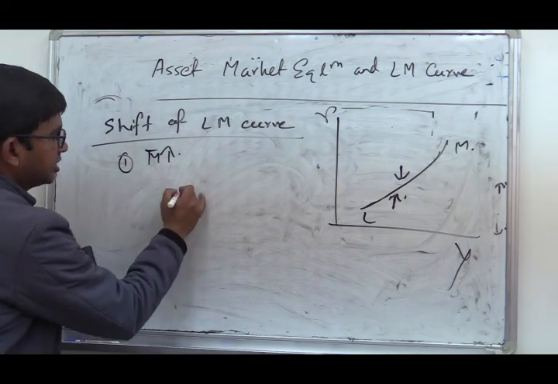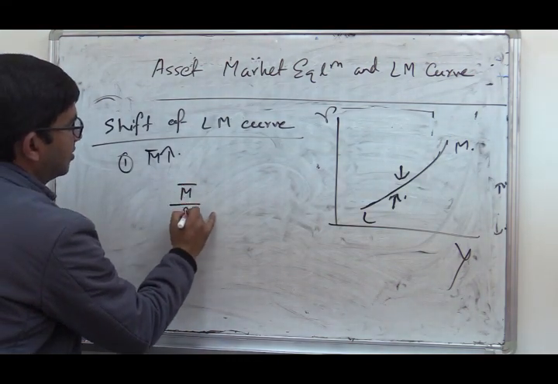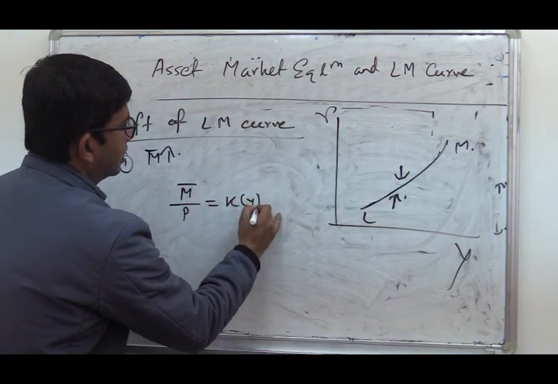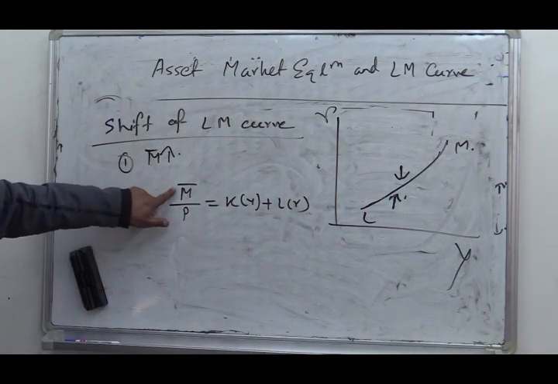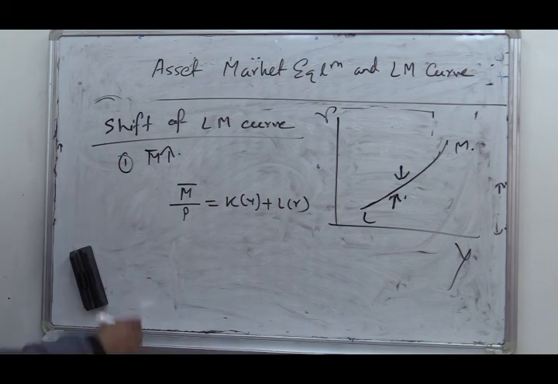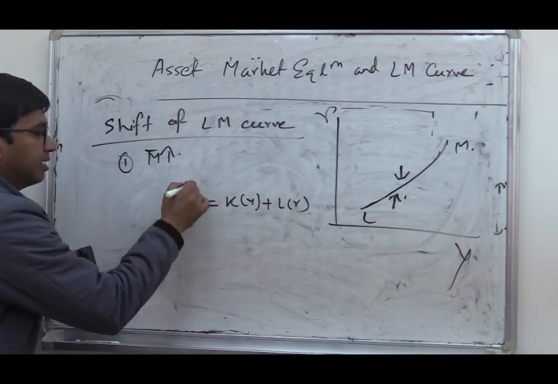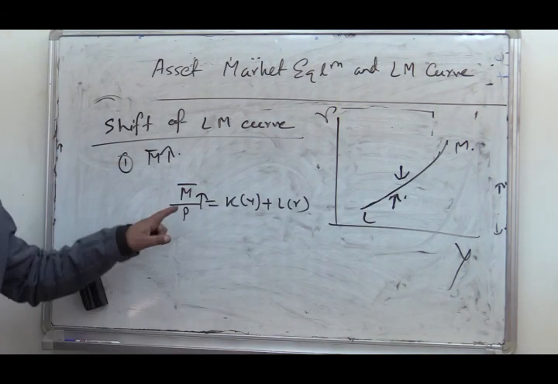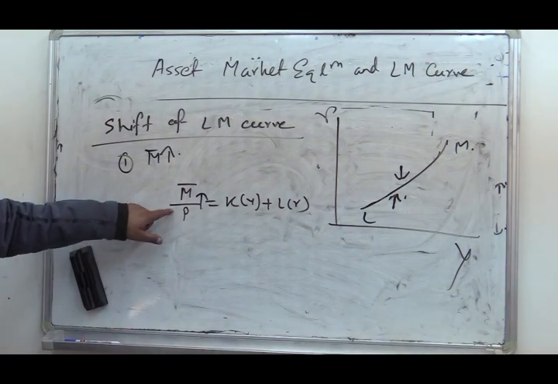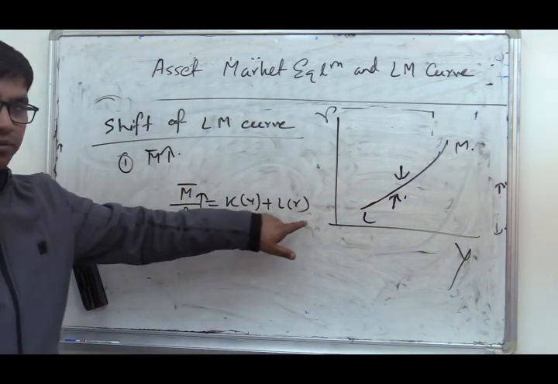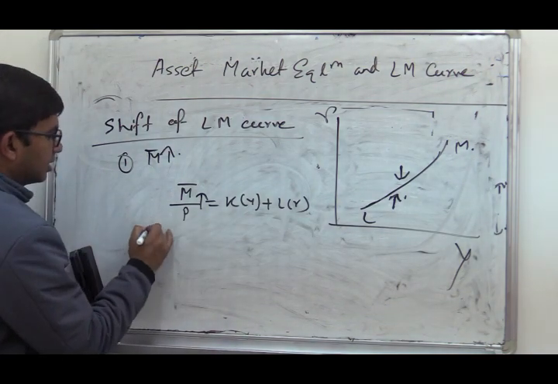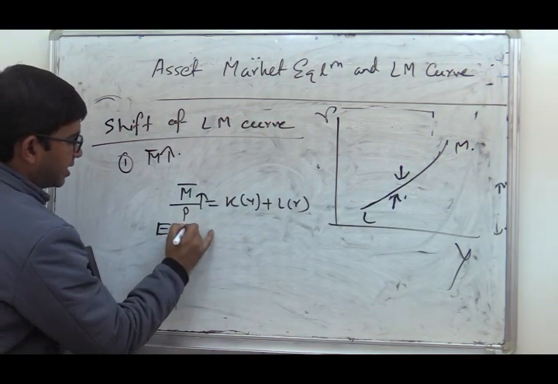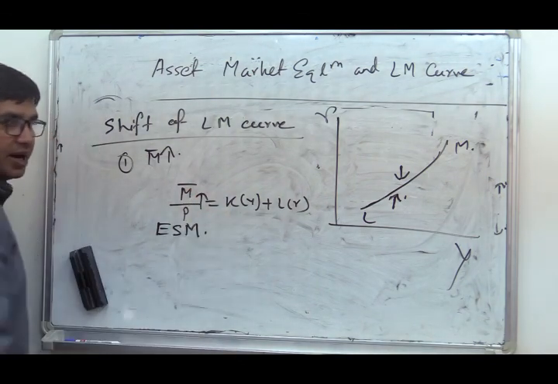Money market was initially in equilibrium, M bar by P equals Ky plus Lr. Now if M bar rises, the real supply of money will be more than the demand for money. So we will find an excess supply in the money market.